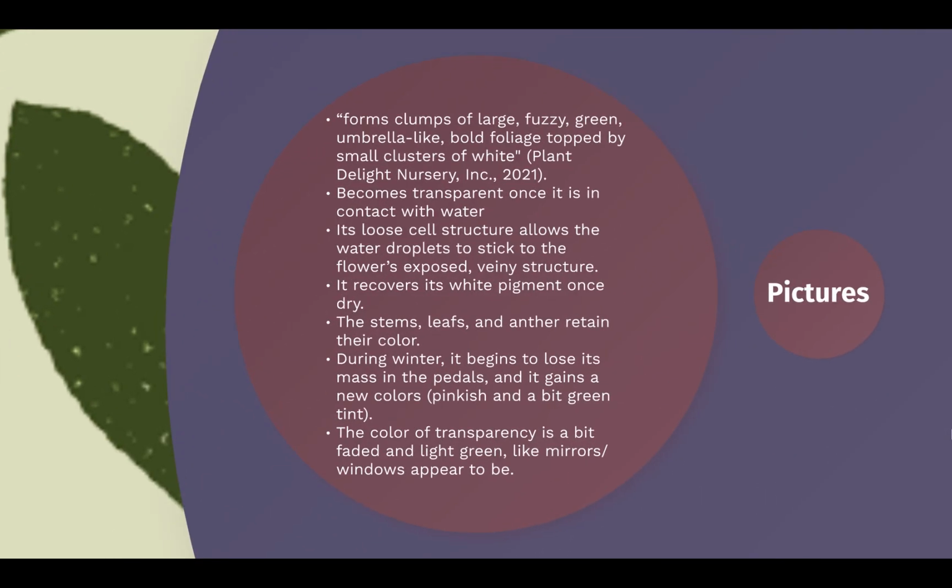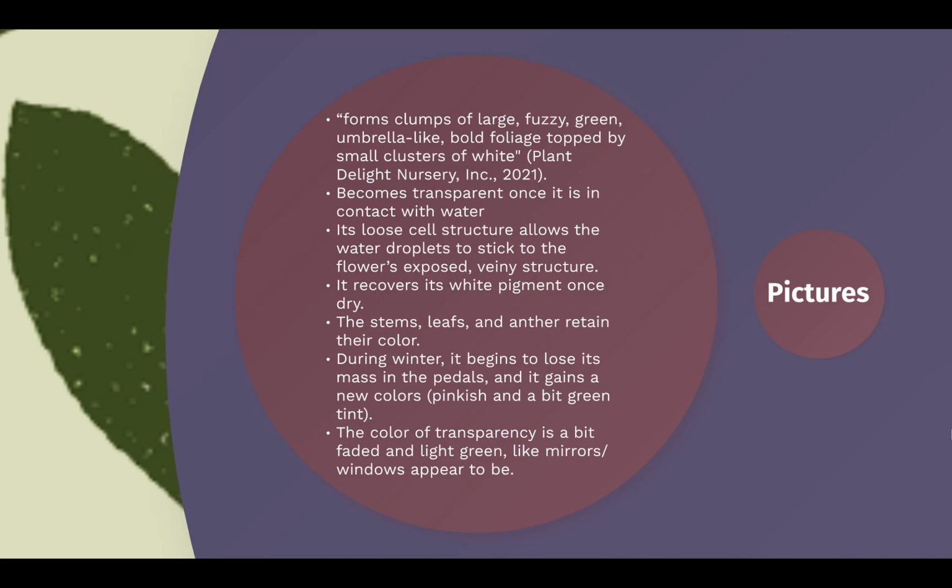I will be covering the appearance of the skeleton flower, but since there are 3 of the same genus, I will be describing each kind. So starting off with the Diphylleia grayi, with a quote from Plant Delights Nursery, basically stating that this flower forms clumps of large, fuzzy green, umbrella-like bold foliage topped by small clusters of white, as an illustration from them.